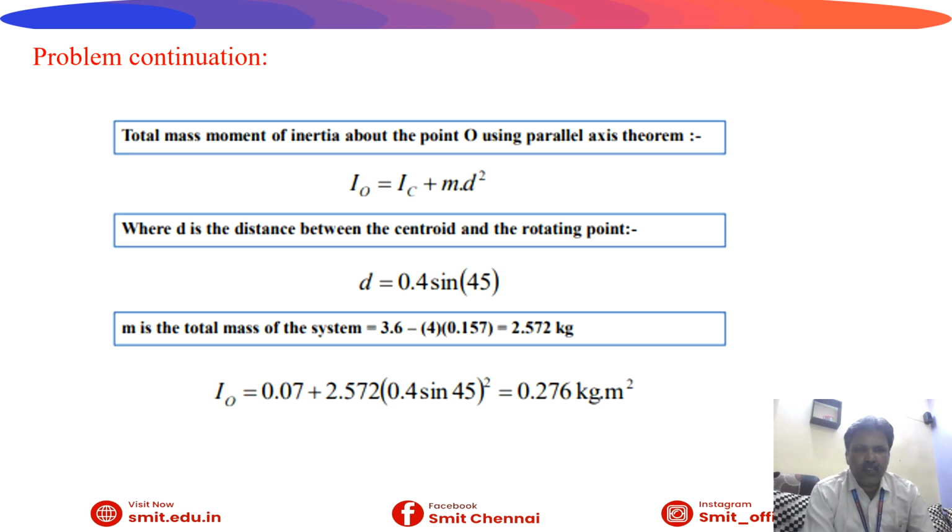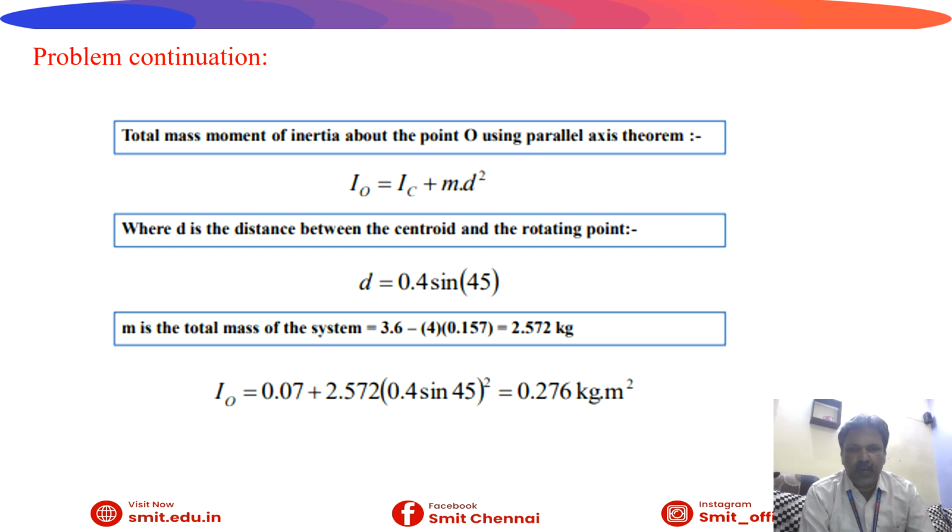Now next we are going to find the total mass moment of inertia about the point O using the parallel axis theorem. Already we have seen it with respect to area, now we are seeing it with respect to mass. What change do we have to make? The area will be replaced by m, that is mass. I_O equal to I_C plus m d squared, where d is the distance between the centroid and the rotating point.